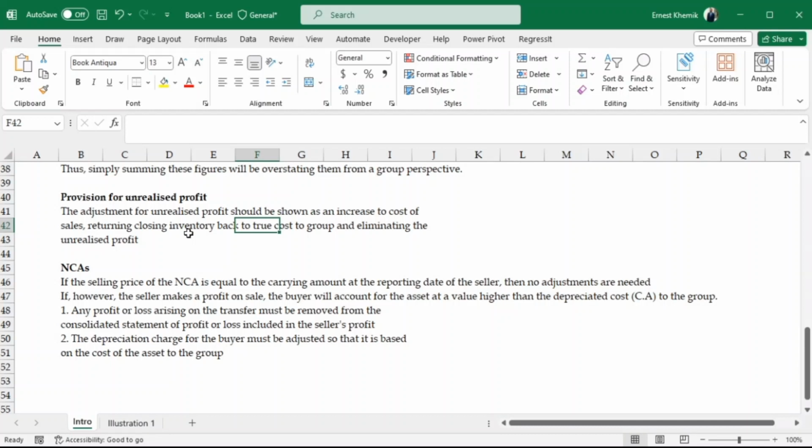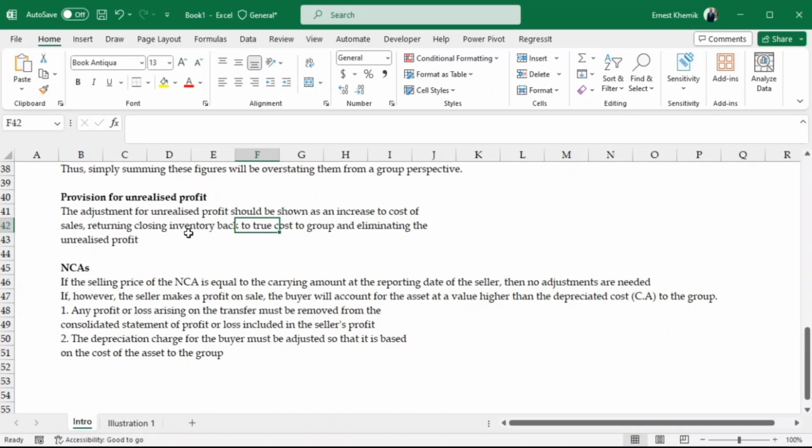I will come again. Whenever there is a provision for unrealized profit on inventory, what we do is add the unrealized profit on that particular inventory to our cost of sales. Why? Because the inventory, both opening and closing inventory, are a major part of our cost of sales.